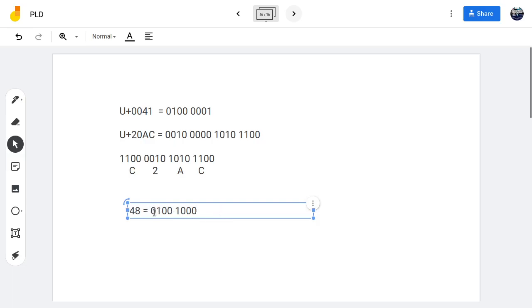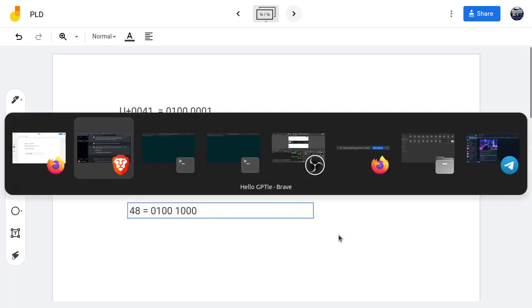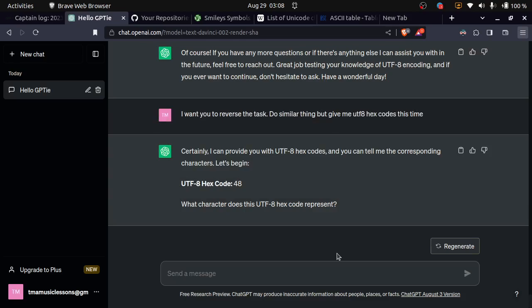It's a single byte, so what's the point? Single byte means that thing. It's actually a single byte. So what we do is just put that format, U plus 0048, because it has to be 4 digits. Has to be U plus. So this is it.